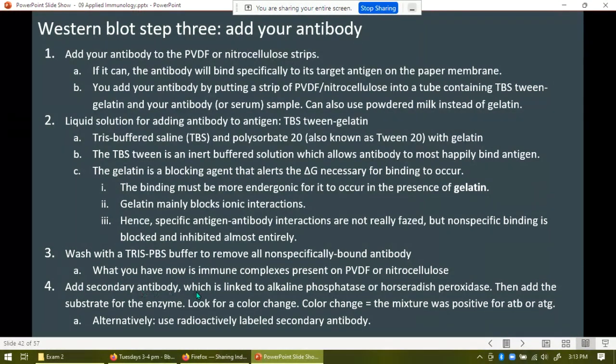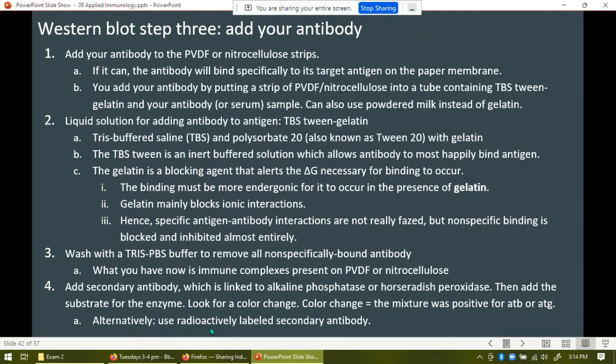Next, you add a secondary antibody, and the secondary is linked to alkaline phosphatase or horseradish peroxidase, some kind of enzyme that will take a substrate and change it into a colored chromogen. And you're going to look for a color change, and anywhere there's a color change, there was an antigen that had specific antibody for it in the serum sample. So the mixture was positive for your antibody. You're usually looking for antibody in a Western, but you could look for antigen potentially using a known mixture of antibodies.